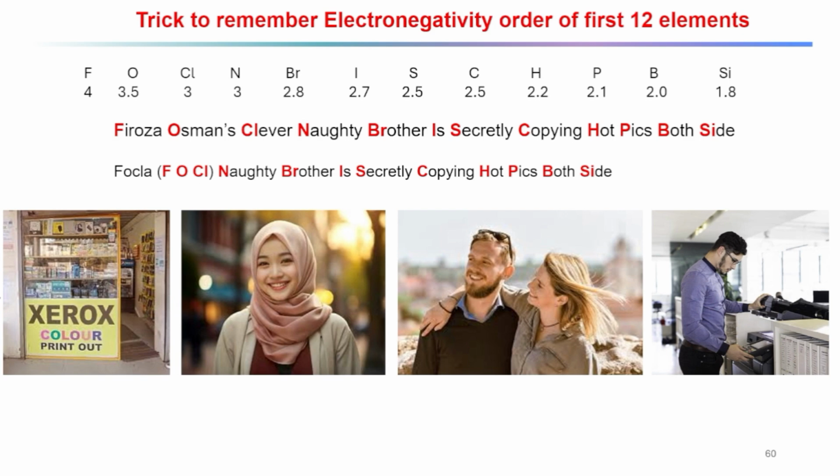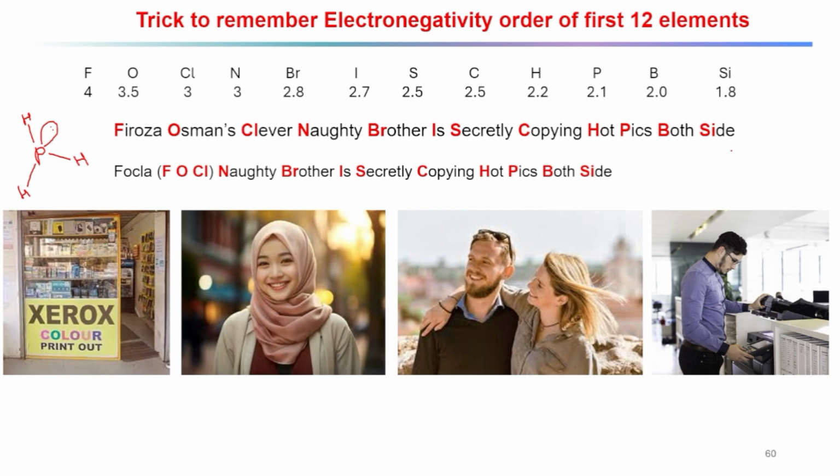For example, if I draw PH3, you need to take a few seconds to realize which one, either the phosphorus or hydrogen, has higher electronegativity, which one has plus charge and which one has minus charge, right?